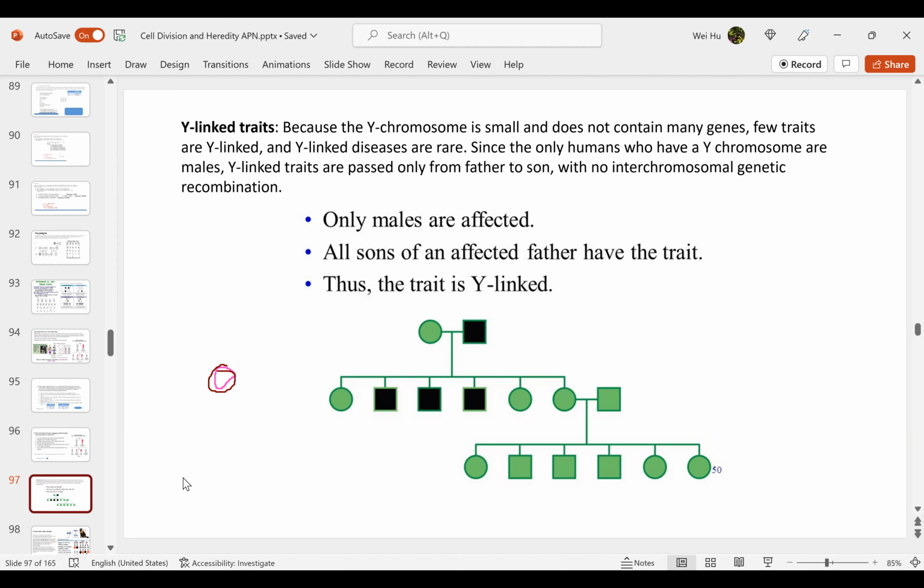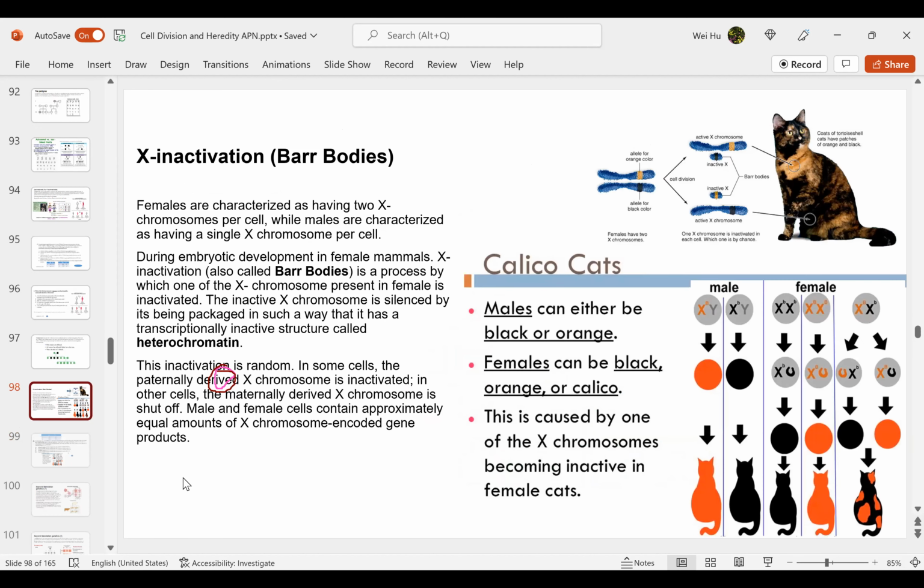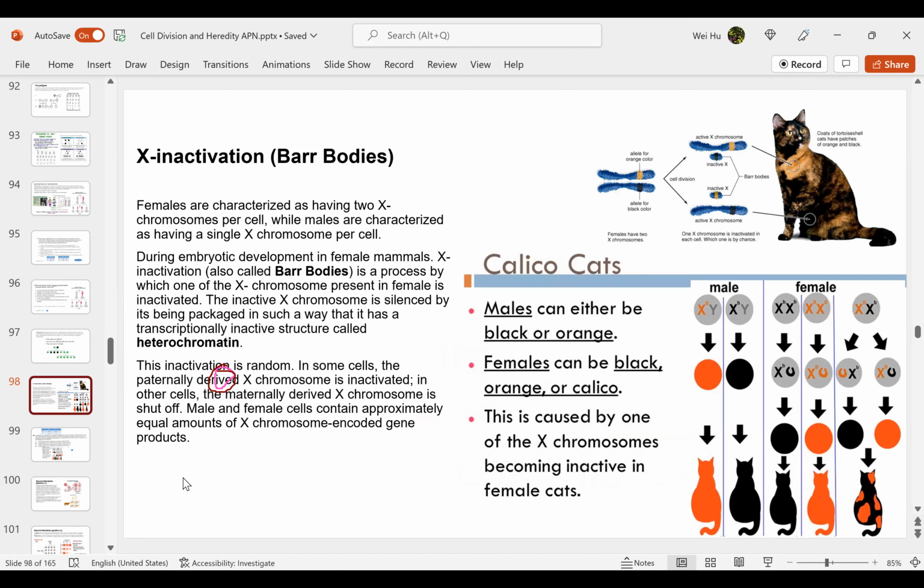Okay, good. Another thing we want to talk about is called X inactivation. In mammals, the female has 2 X chromosomes, but one is not working. One takes a break.